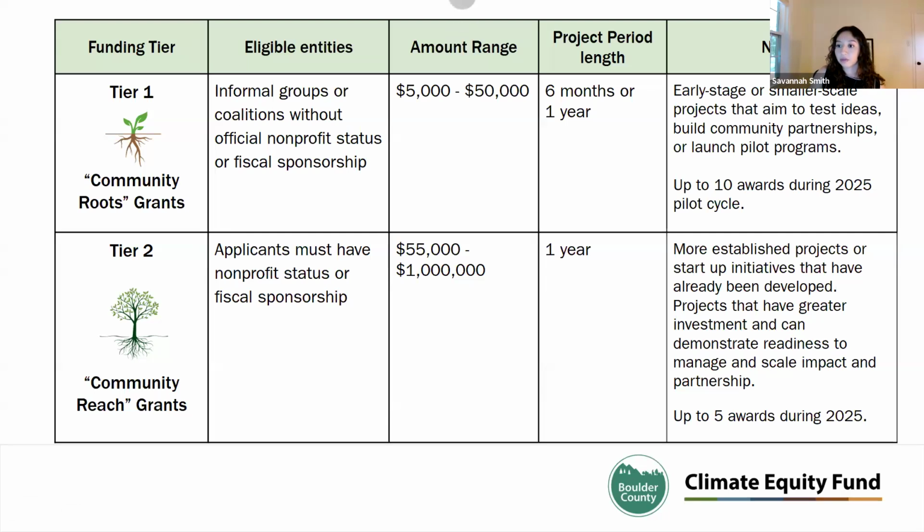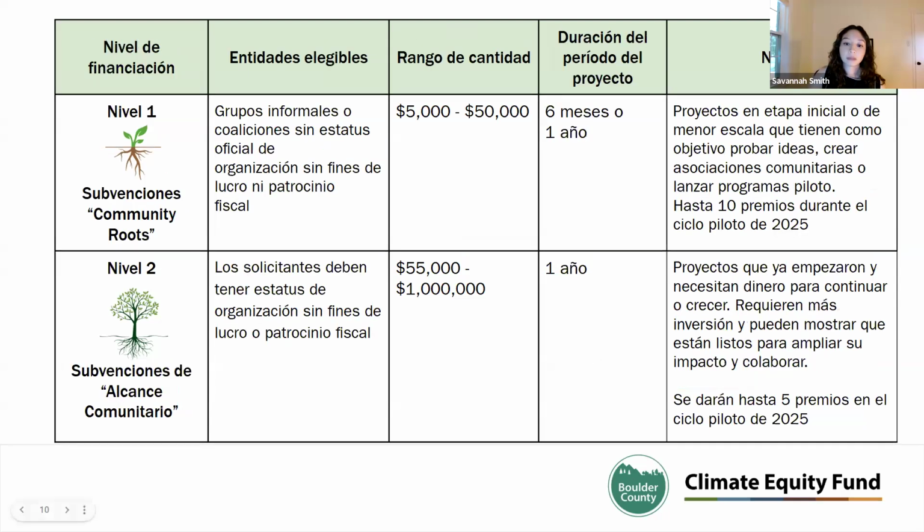Same as before, I'm going to switch over to the next slide to go over Tier 2, but in Spanish. Our Tier 2 grants, also known as Community Reach grants, are for applicants who have nonprofit status or who have a fiscal sponsorship. This is for $55,000 to $1 million, and these projects are for up to a year.